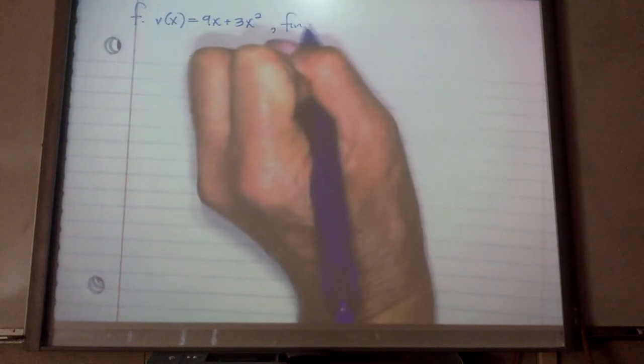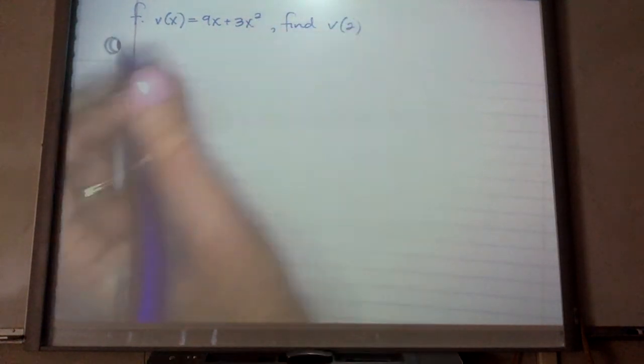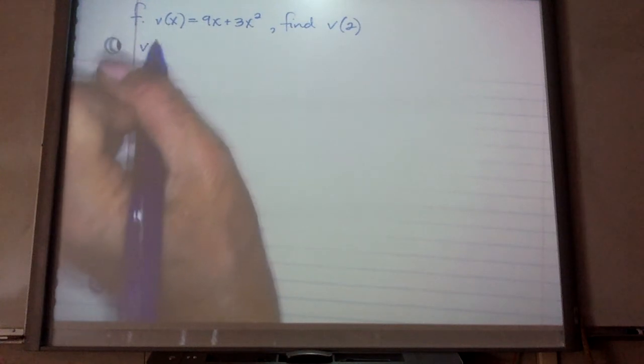All right, moving on to F. I hope you can see that. So F gives us the function of v of x equals 9x plus 3x squared, and it said to find the value of v at 2. So I'm just writing v at 2.